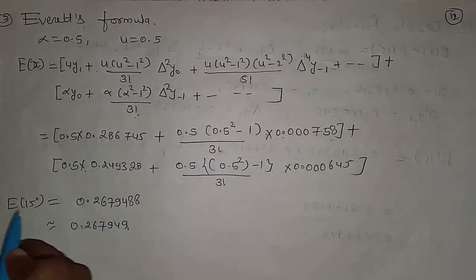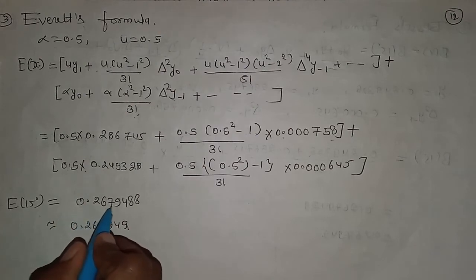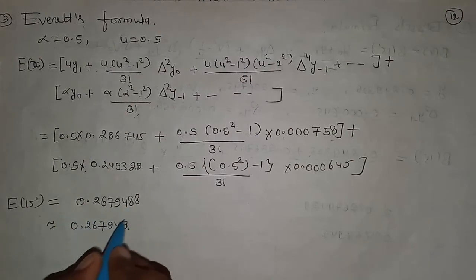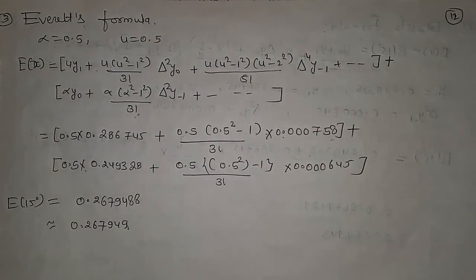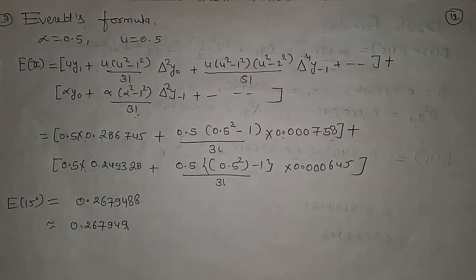This is nothing but 0.2679488, which on rounding off we get as 0.267949. So using the three methods, we are getting the same answer. These are Everett's, Bessel's and Stirling's interpolation formulas, which are used for calculating any value in the table which is given at the center of the table.